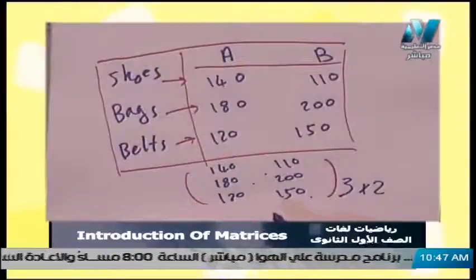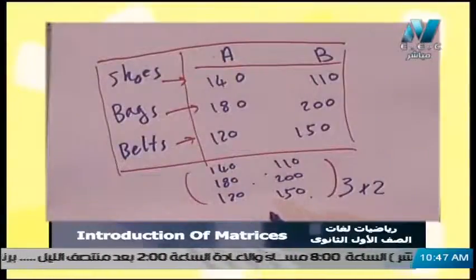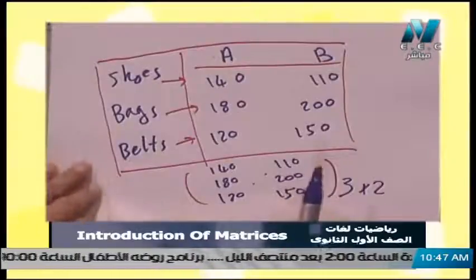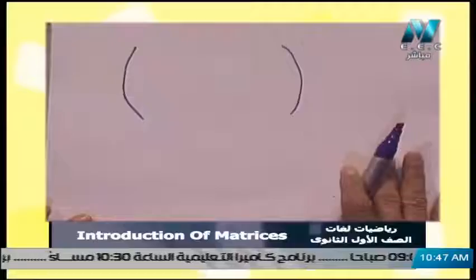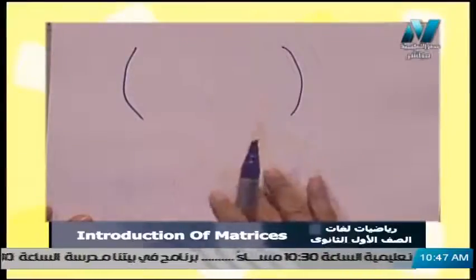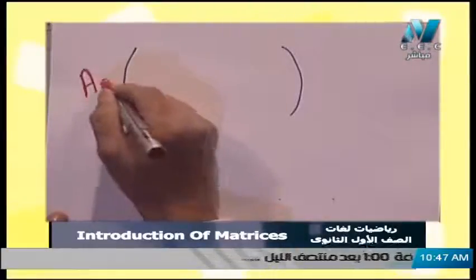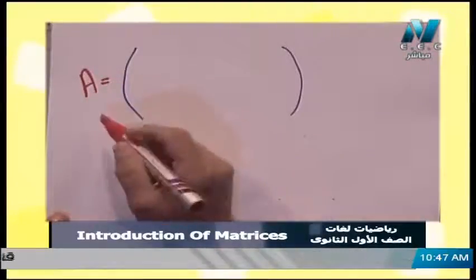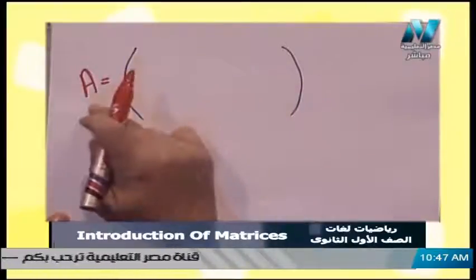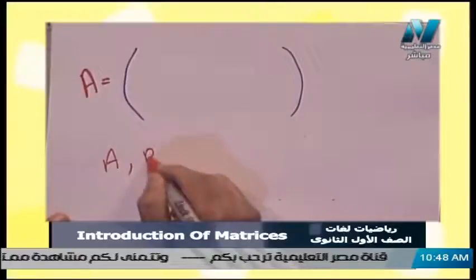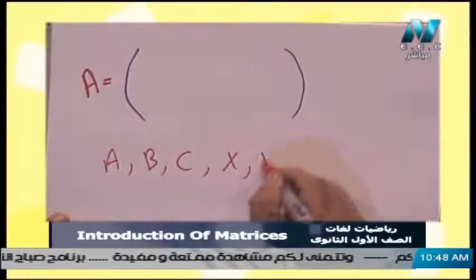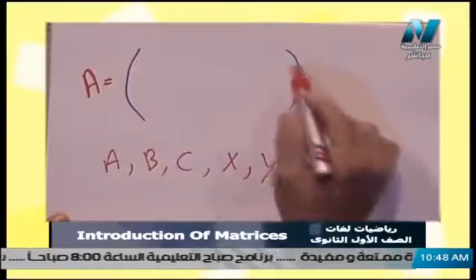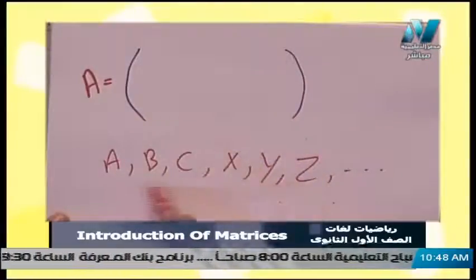Let's move to another example here, on how to express the elements of a matrix. If we have a matrix and we have data inside it, and the matrix is capital A, by the way, we express the whole matrix by capital letters: A, B, C, X, Y, Z, and so on. These matrices we express by capital letters.